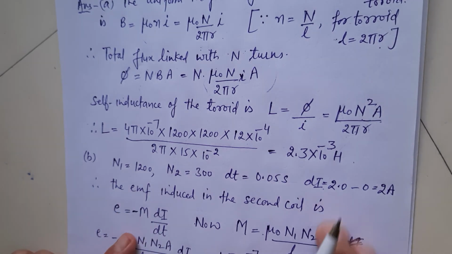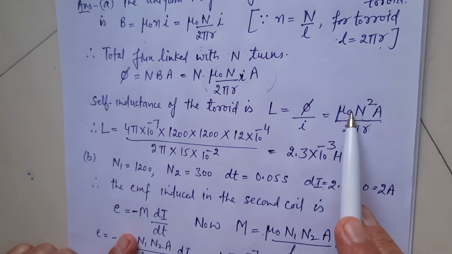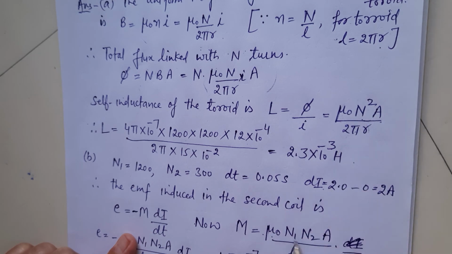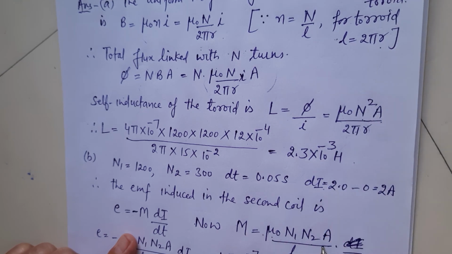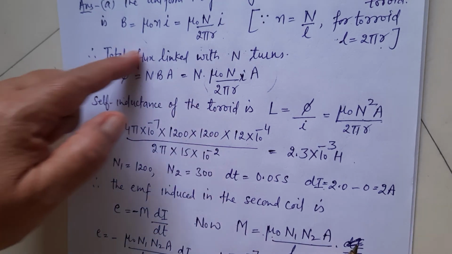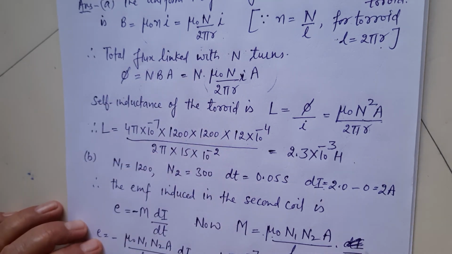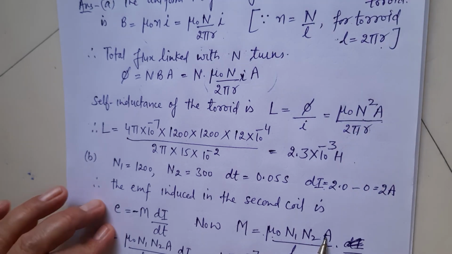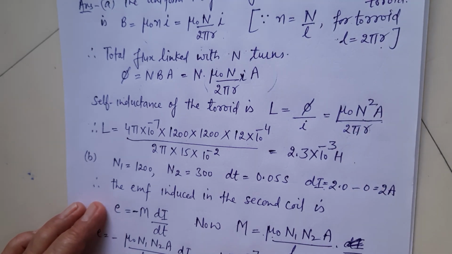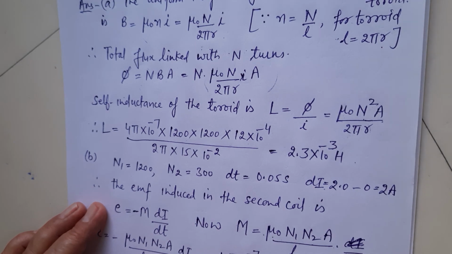The formula of M is mu naught, and we can remember it from there. Mu naught, and here N square will be split into N1 into N2. The rest will be the same. The area will be the same, the length will be the same, 2 pi r. So 2 pi r is of the primary, and the area is also of the primary.